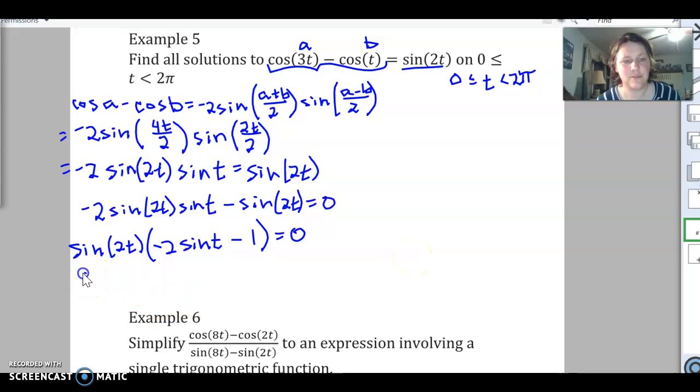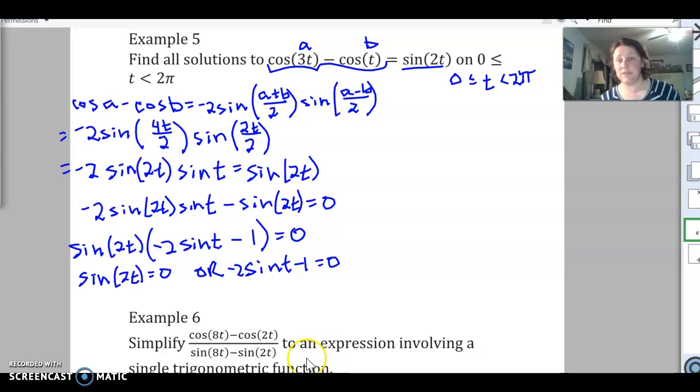Okay, so now we have two parts, either sine of 2t equals 0, or negative 2 sine of t minus 1 equals 0. That's going to give us some work to do. We've got to find where all of those answers are. This is where the bad news comes in. We have done a lot of problems like this, where the sine of 2t is equal to 0.